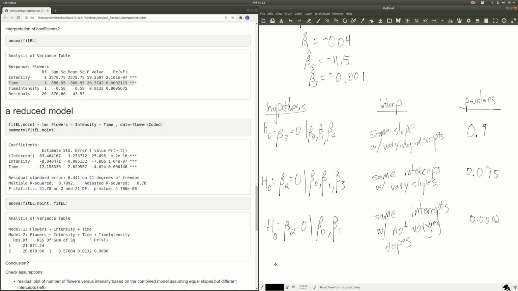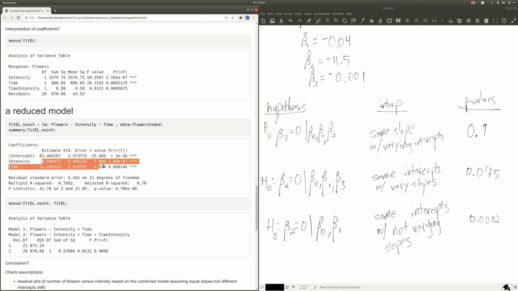That example is here, where we have a reduced model, and the reduced model has intensity and time, so it doesn't have the interaction between time and intensity. So this model corresponds to varying intercepts, but not varying slopes.